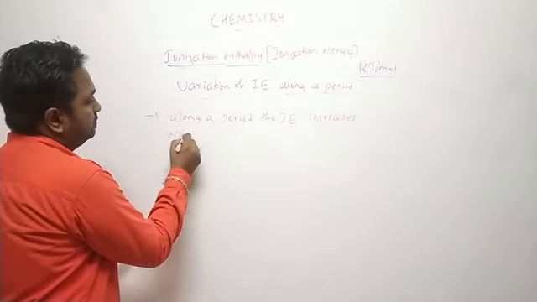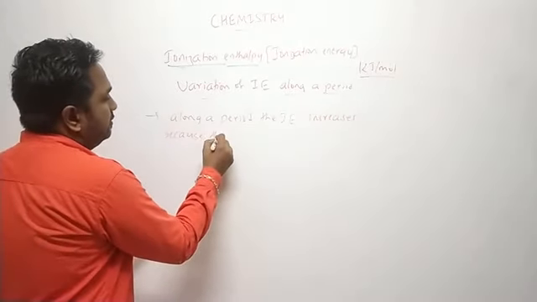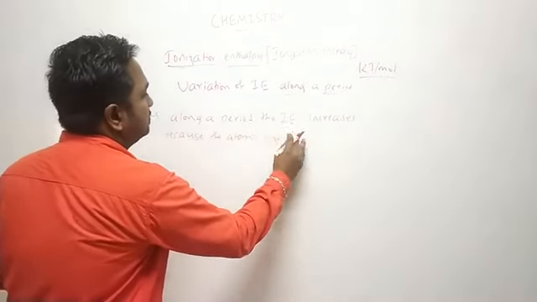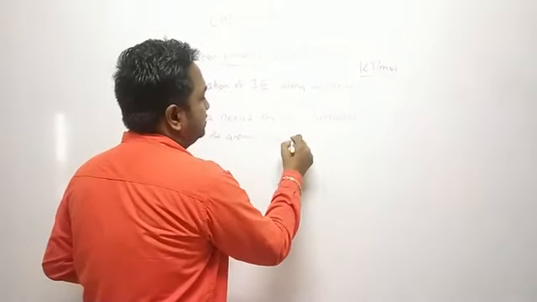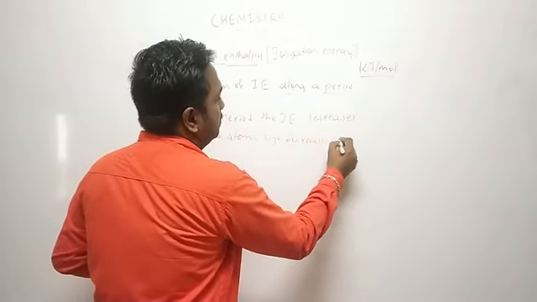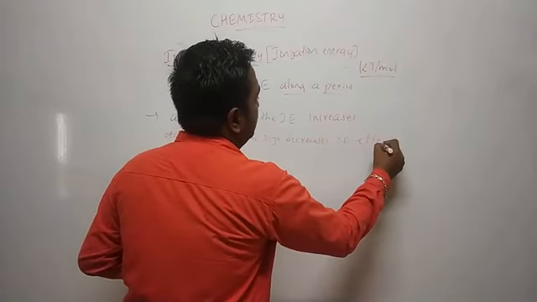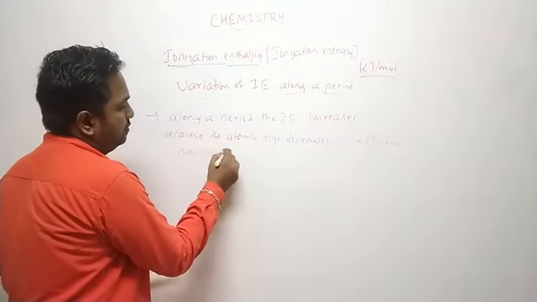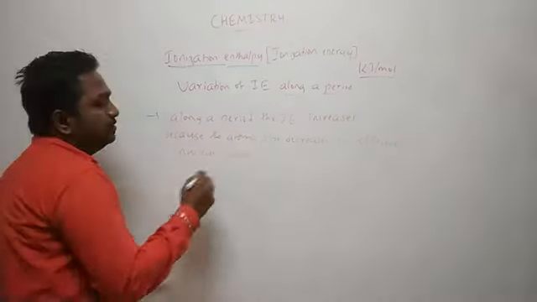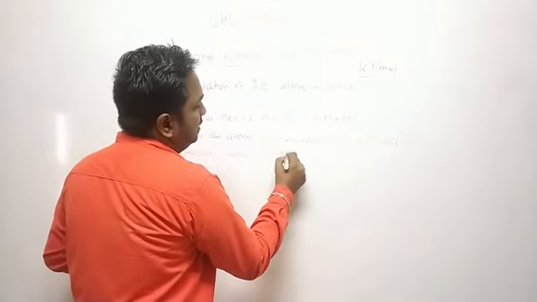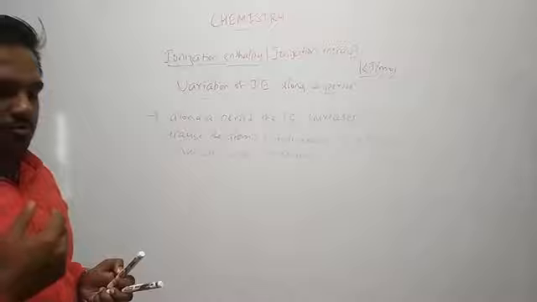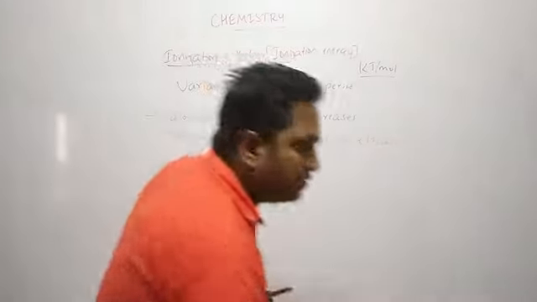Because the atomic size decreases and the effective nuclear charge increases, so we require more energy to remove an electron from the outermost shell.